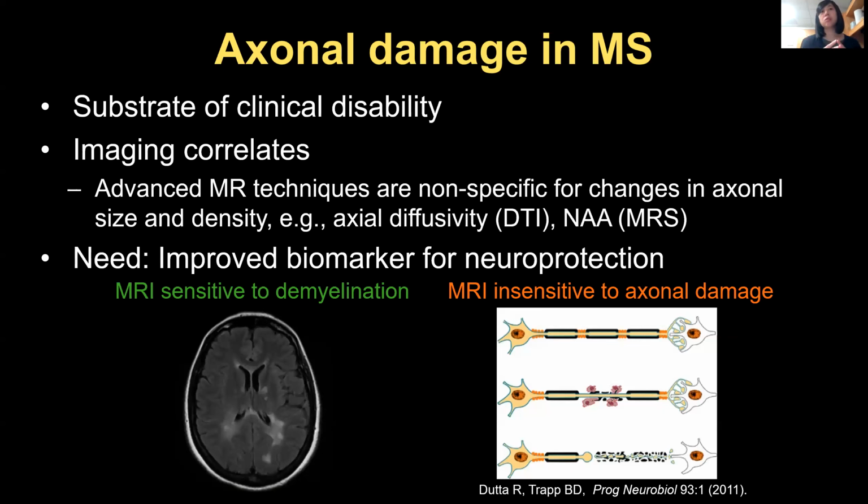It's thought that this is leading to underlying axonal damage. It's invisible, but it manifests in this loss of white matter and gray matter volume. So overall, there is a need for improved biomarkers of axonal damage that would give evidence to the neuroprotective effect of MS treatments, especially the ones that are coming online for neuroprotection.